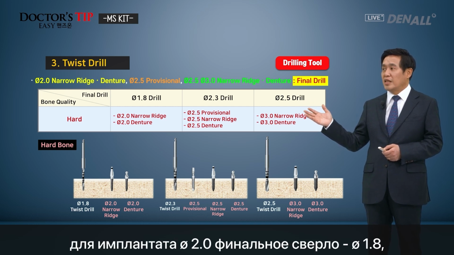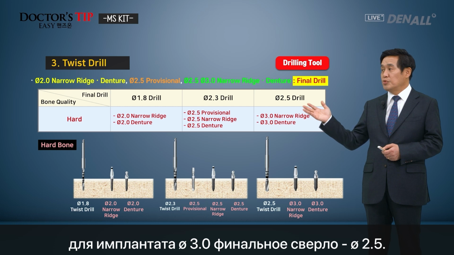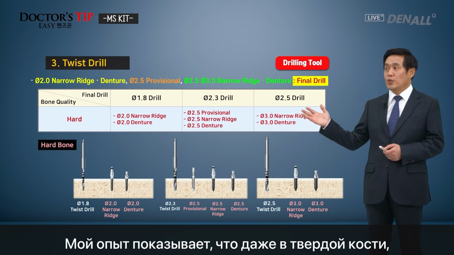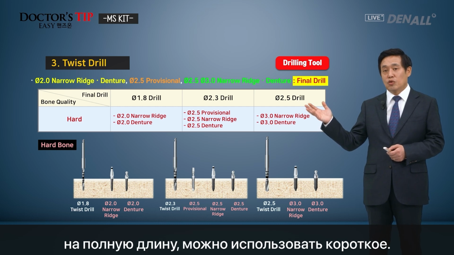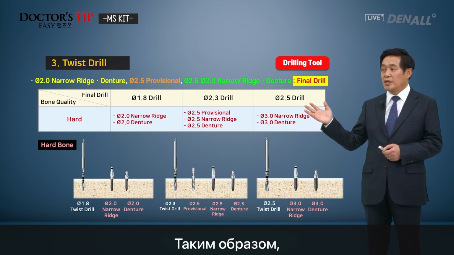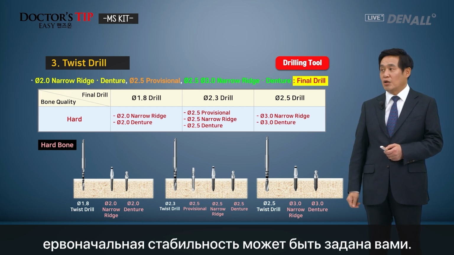So in such cases, for 2.0, maybe final drilling is 1.8, and for 2.5, maybe 2.3, or for 3.0, a 2.5 drill. My experience is, even if it's hard bone, rather than use the final drill in full length, use a shorter one. So in the MS implant, in the 1x fixture, initial stability can be adjusted by you.